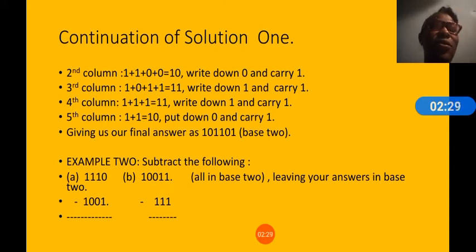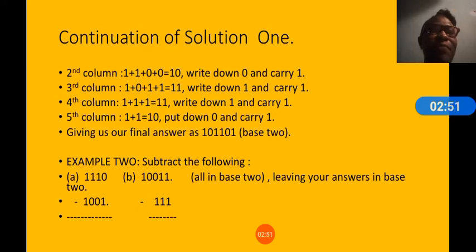Then the fourth column, we have 1 plus 1 plus 1, which is equal to 11. Also write down 1, which is the last digit, and carry the other 1. Then in the fifth column, we have 1 plus 1 equal to 10. Put down 0 and carry 1, giving us the answer that I mentioned earlier.